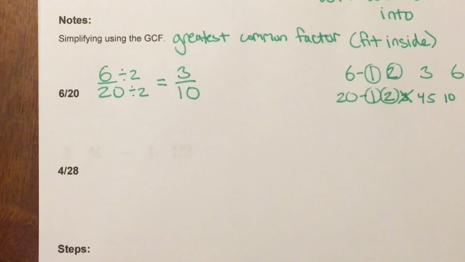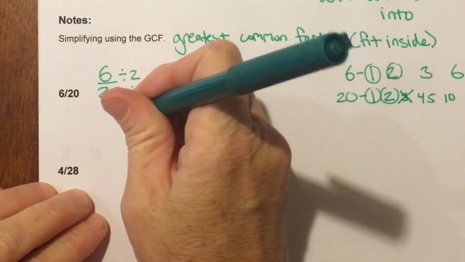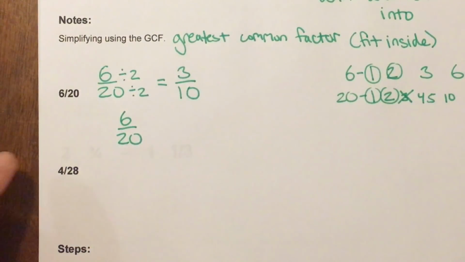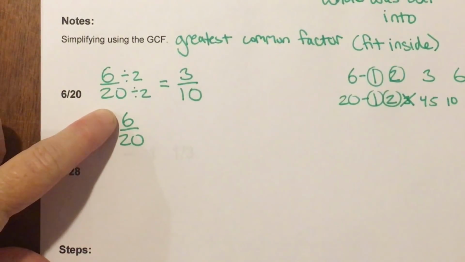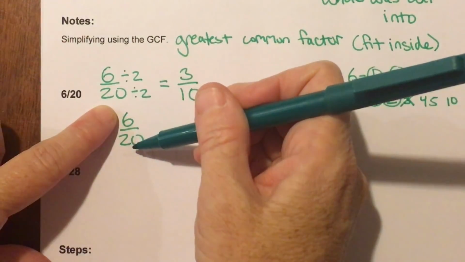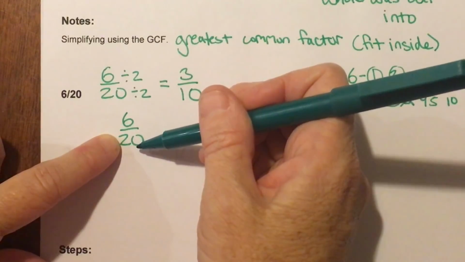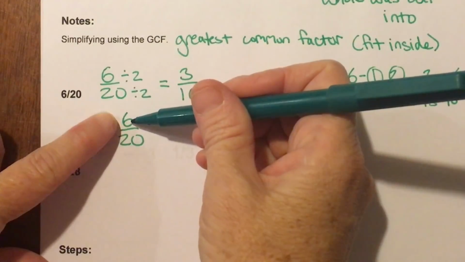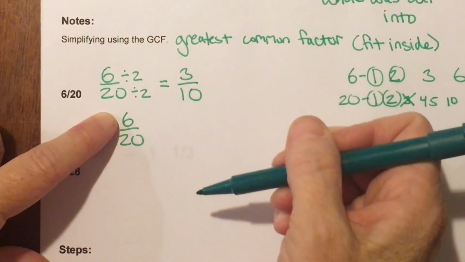Okay, another way that we had talked about doing that is kind of going through the GCF in your head. So asking yourself, is 6 the GCF? Does 6 fit into both of these? Well, it fits into 6, but it doesn't fit in here. So if 6 doesn't work, let's try 5. Nope, 5 doesn't fit into here perfectly.